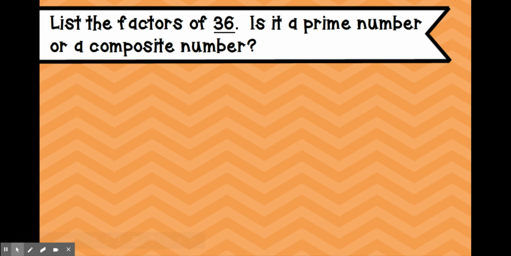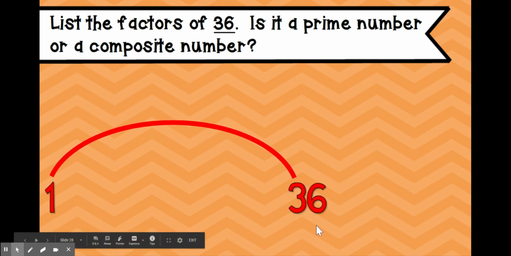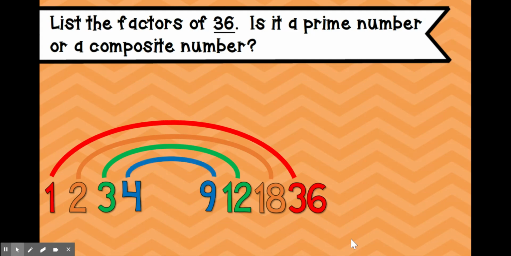So let's list the factors of 36. Is it a prime number or a composite number? So we start off with the factors of 1 and itself. Okay, 2 times 18 equals 36. 3 times 12 equals 36. 4 times 9 equals 36. 6 times 6 equals 36.